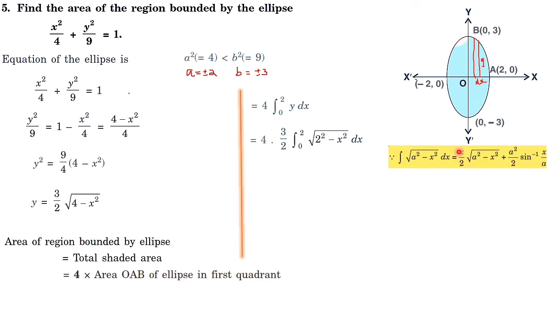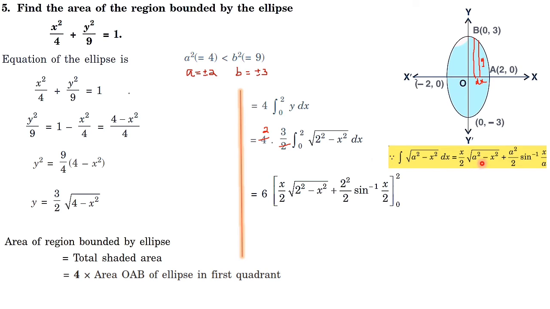We know the formula, that is x by 2 into root of a square minus x square plus a square by 2 into sine inverse x by a. If you don't know this formula, you have to stop here, no way to proceed. So learn all the formulas. Okay, that is first. Then here when we cancel 2 and 4, 2 will be coming in the numerator. So 2 into 3 is 6.